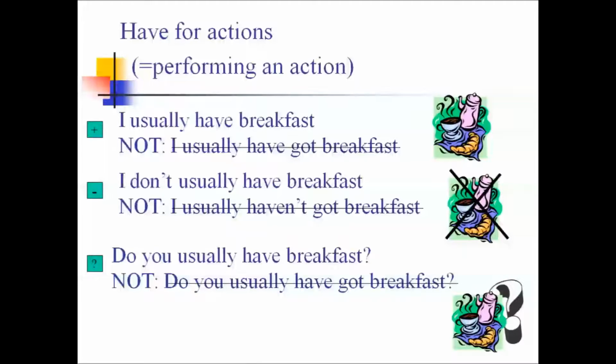Again, I usually have breakfast. You won't say I usually have got breakfast. You can say I don't usually have breakfast in the negative form, but you won't say I usually haven't got breakfast. In the question form, you say do you usually have breakfast, but you won't say do you usually have got breakfast. That's wrong. So for breakfast, lunch, dinner or supper, you won't use have got. When you do the action, please use have rather than have got.